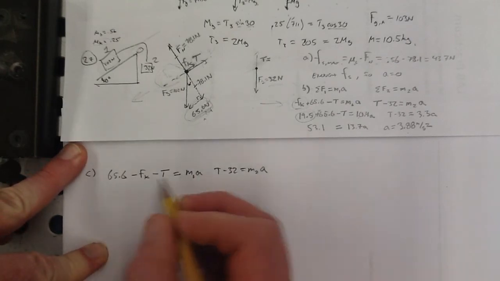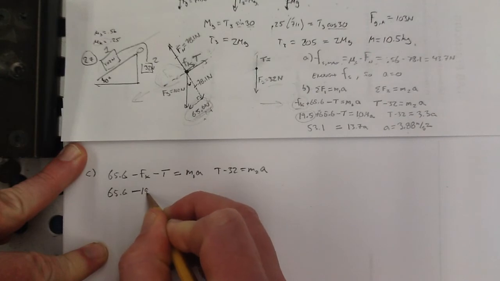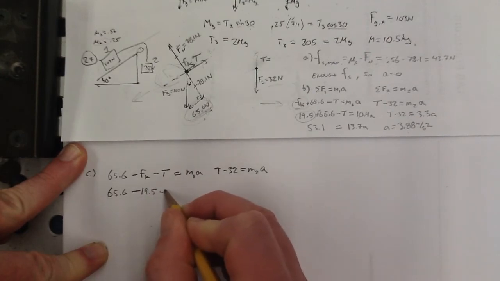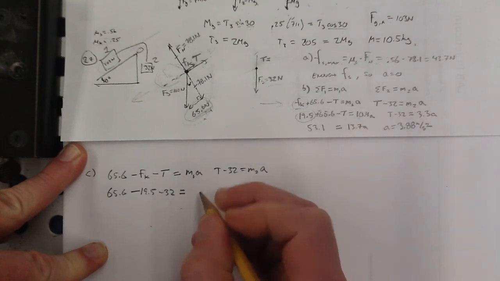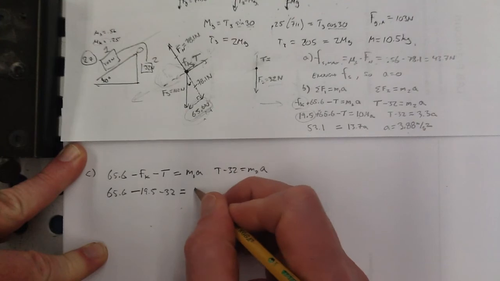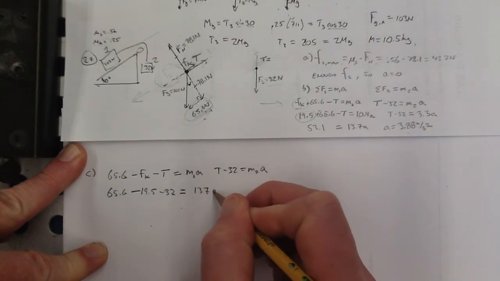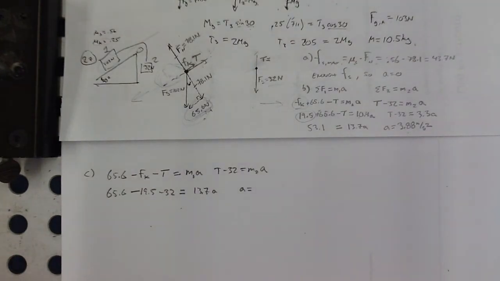So now I've got 65.6 minus 19.5 minus 32 is equal to the total mass. Was that 13.7? So that was a little easier because I had a lot of it already set up. It wasn't a lot different.